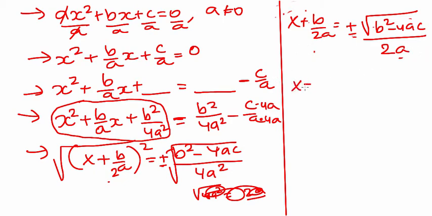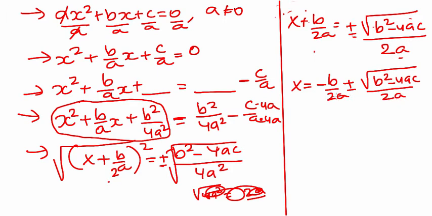So you're almost done. Just take this term over here. We get x is equal to negative b over 2a plus or minus the square root of b squared minus 4ac over 2a.